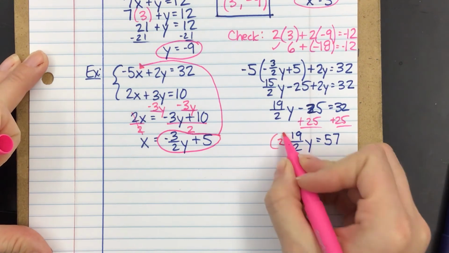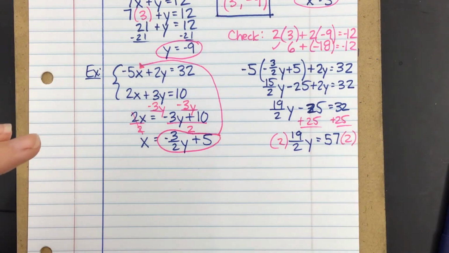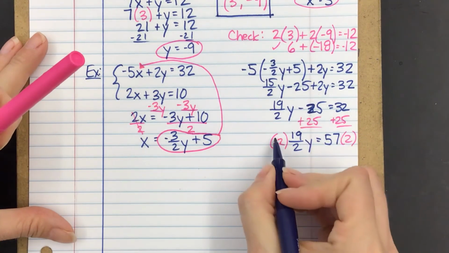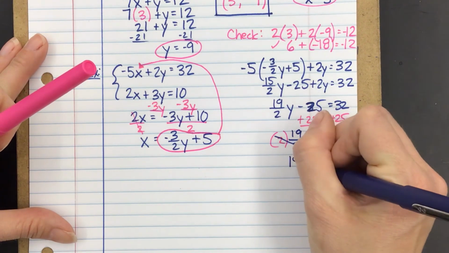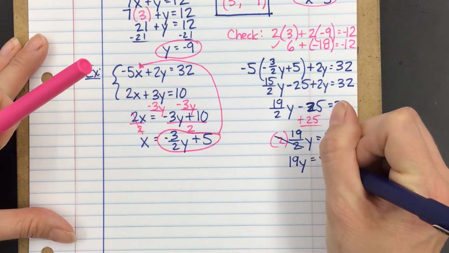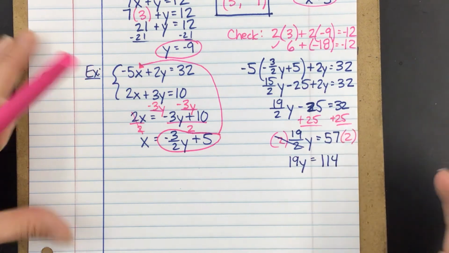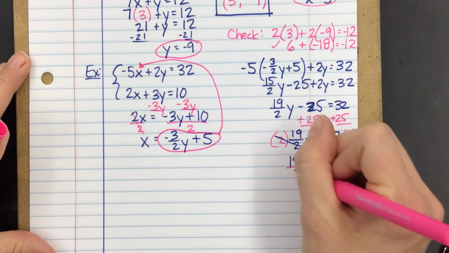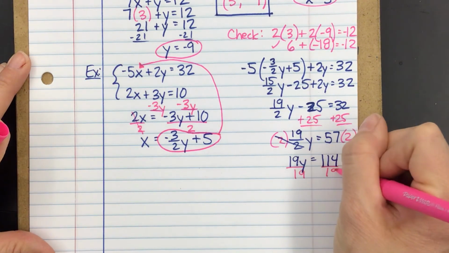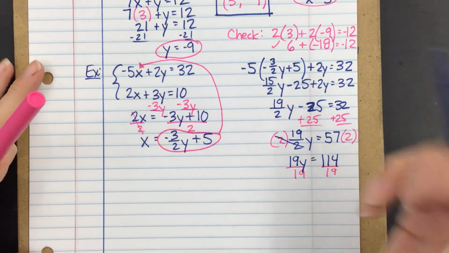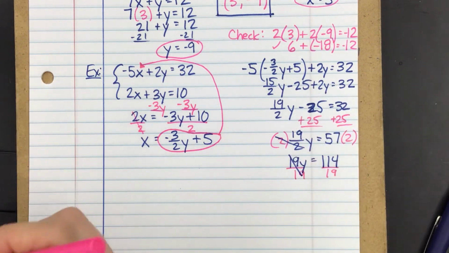But here, I would just multiply by 2. This will cancel out, and you get 19y is equal to 114. Then divide both sides by 19, and I believe that's 6.